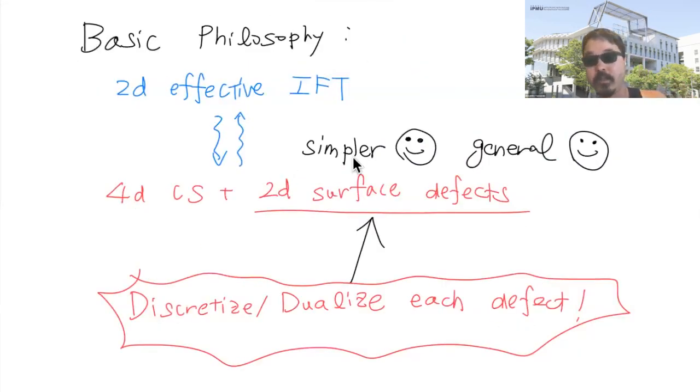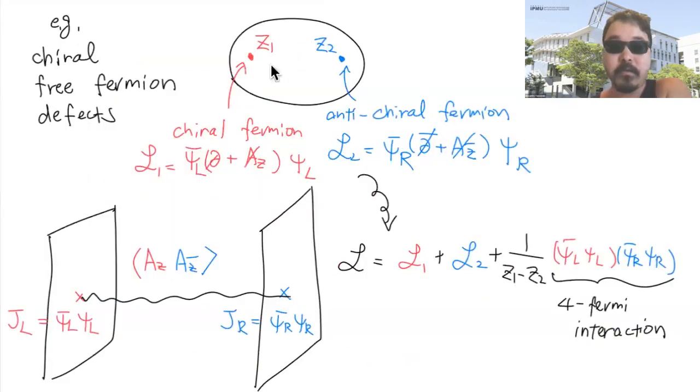Another thing is that it can be much more general. If you start with this description, here we have one chiral defect and another anti-chiral defect, and obtain the Thirring model. That's one theory. But once you understand this, you can include multiple such defects, for example two defects, three defects, etc., and you immediately obtain some generalization of the Thirring model.